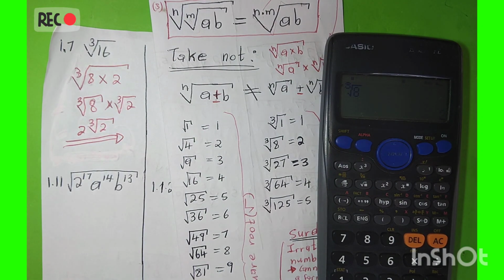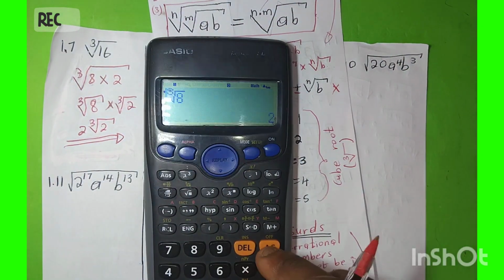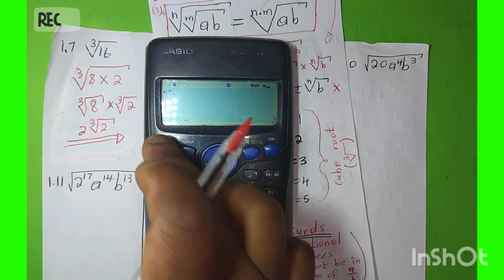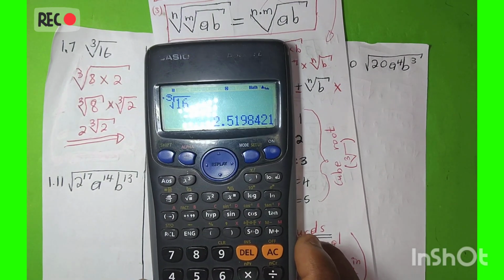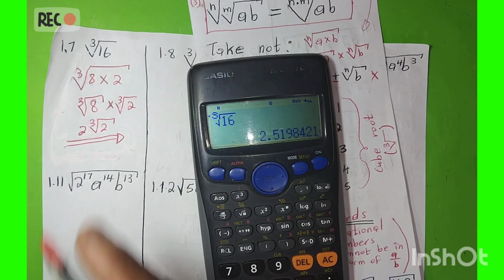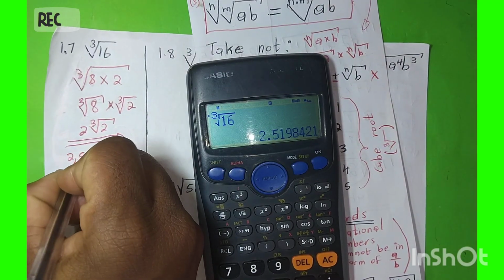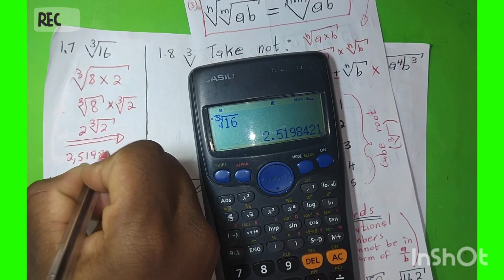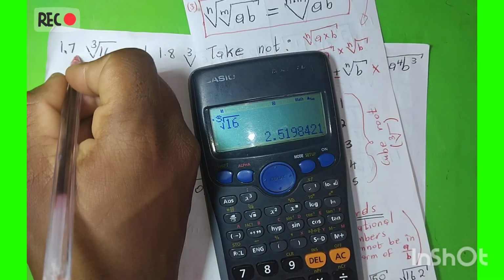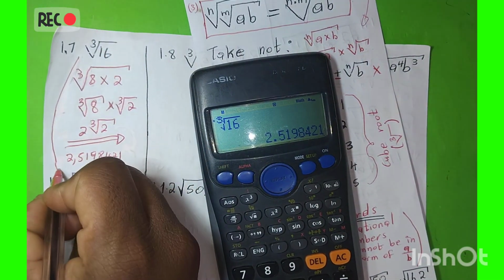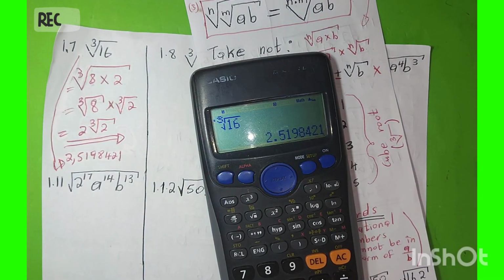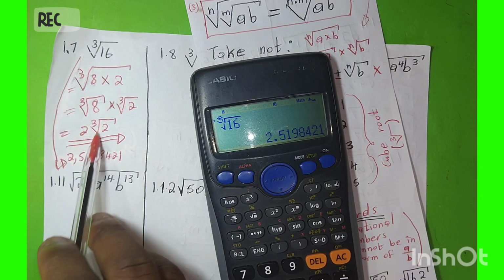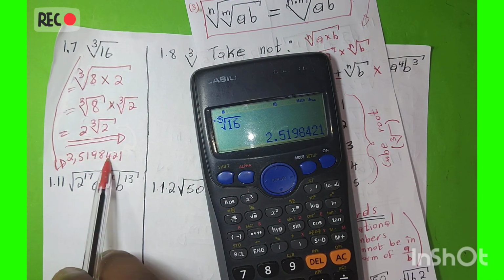But to confirm whether your answer is correct or wrong, let's press all of that on the calculator: the cube root of 16. I just got some decimal numbers, 2.519842. That is the number I get. Now I will also press 2 times the cube root of 2, to check if I get the same number.